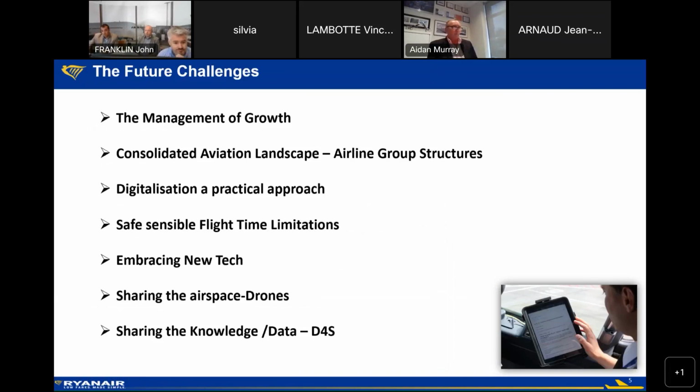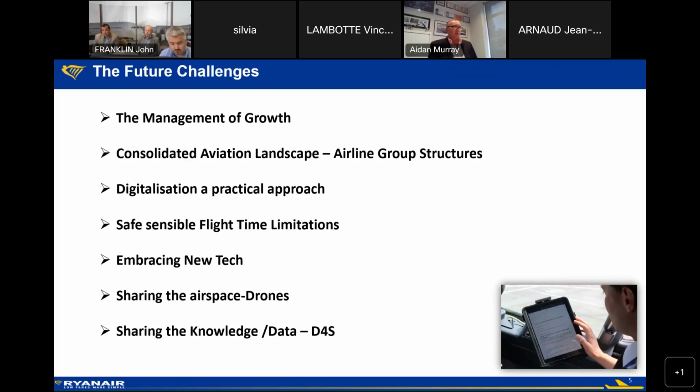But as the airline industry recovers in Europe, the return to normal operations and the future management of growth is not going to be sustainable unless air traffic control, ground operations and airport managers start to realize that they need to get the staff in place now and start training the staff now, so they're in a position to manage and support the growth of the industry over the next 2 to 4 years.